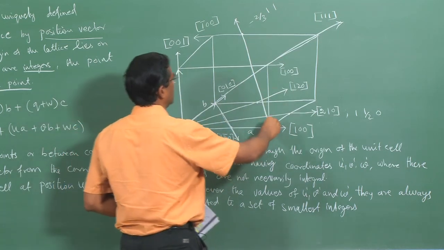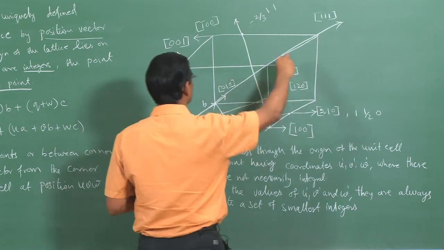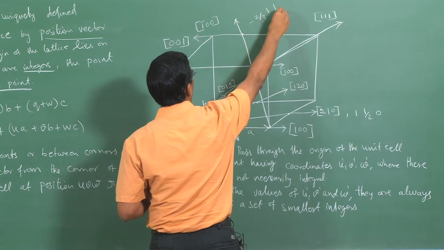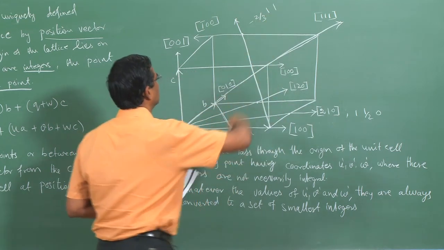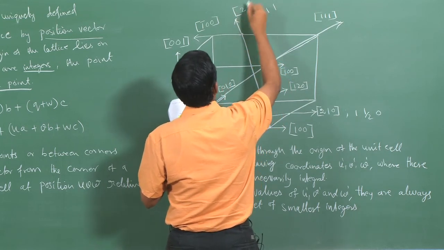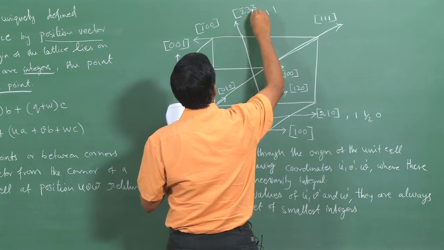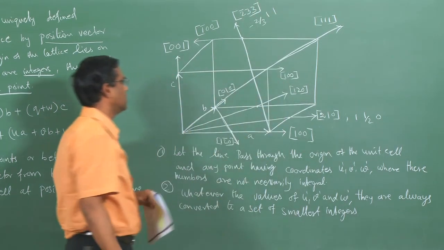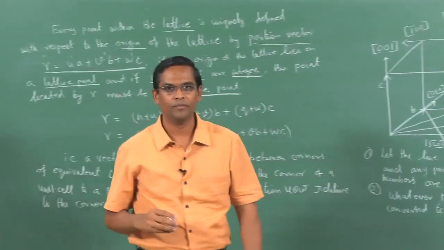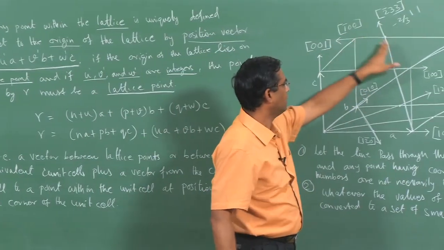Since the origin is here, the coordinates are negative 2 by 3, 1, 1 for the other two units. So you convert that into 2 bar, 3, 3. Like that you can identify the coordinates even with an arbitrary point on any line.